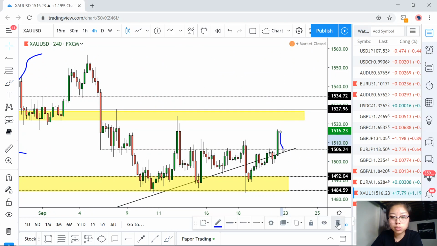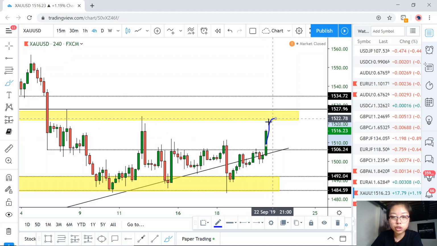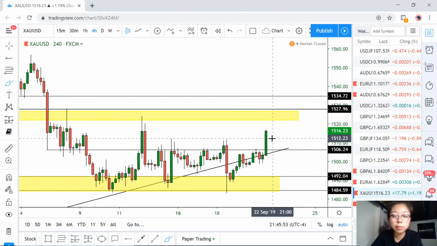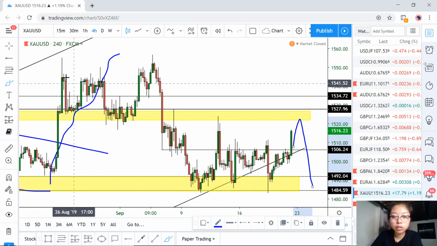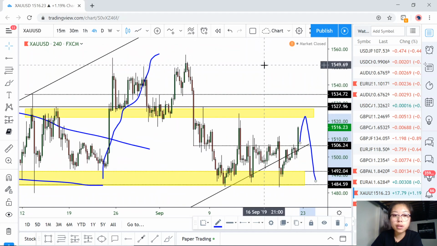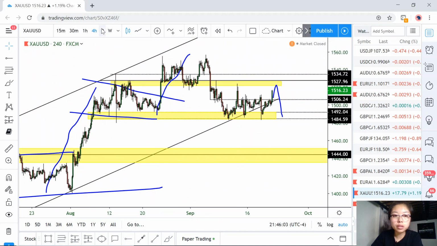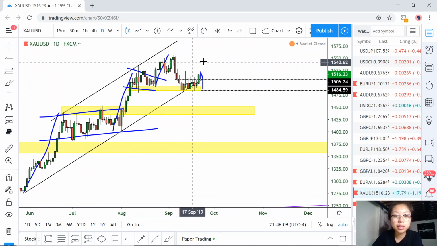Short scenario, the price would come up and make a rejection, like a wick rejection, two wick rejections already, or a bearish engulfing, something like that, and that's a short scenario off of gold. So that's two scenarios off gold. I'll be keeping an eye on gold.